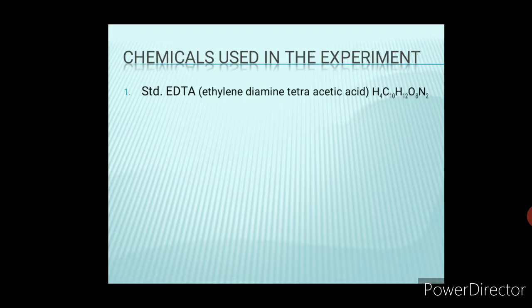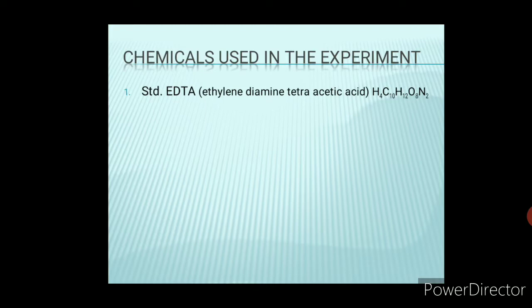Very first chemical we are using is standard EDTA solution, ethylene diamine tetraacetic acid. Students, this type of titration, which we observed in the previous experiment number 1, total hardness, and even in estimation of calcium oxide in cement, experiment number 2, is called complexometric titration. Here, what exactly happens? Calcium ions, Ca2+ ions, are present in the analyte solution.